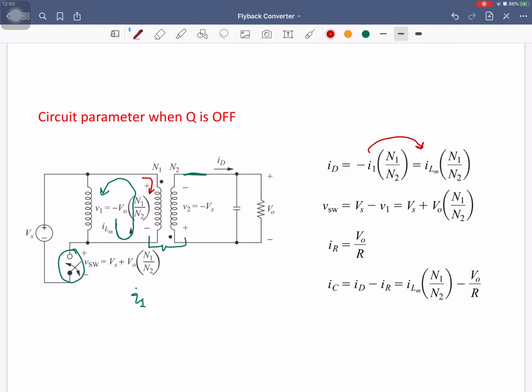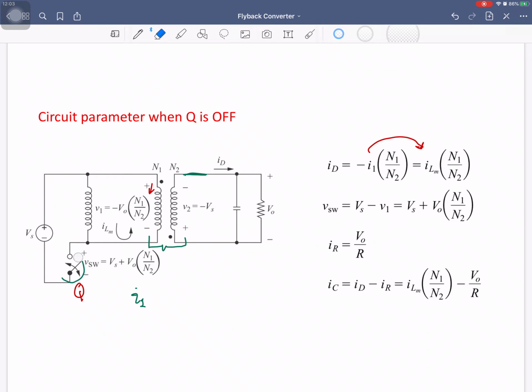So that you can see over here, we can write ID as ILM into N1 divided by N2. And what will be the voltage across this switch Q1, switch Q? That will be equal to Vs minus V1. How?